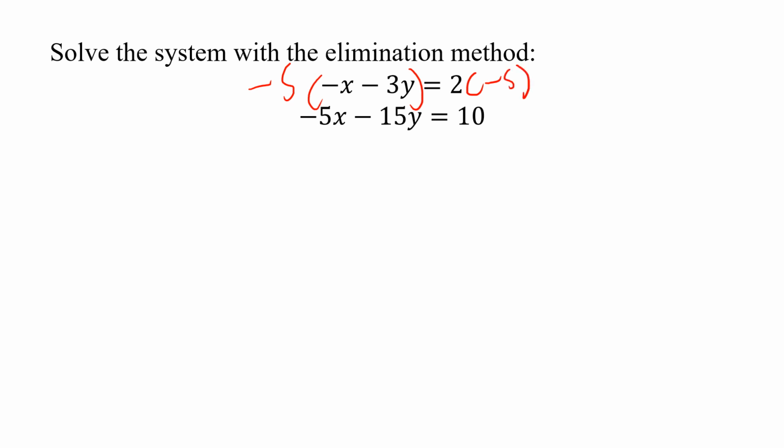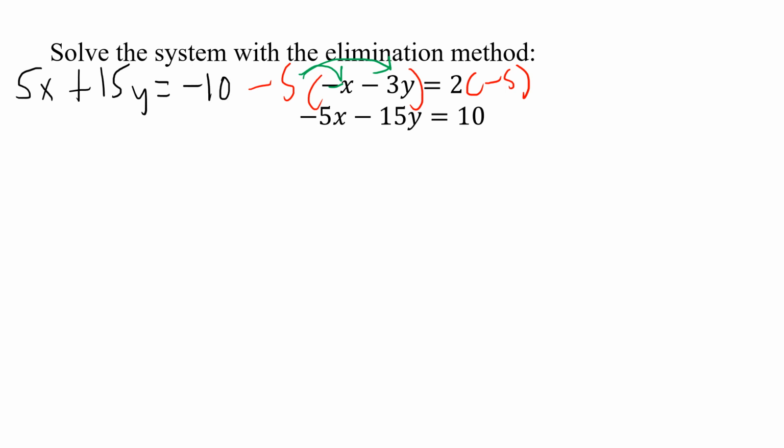All right, so now that we've done that, let's rewrite our equation after, of course, we distribute. So negative 5 times negative x, that's going to become a positive 5x. Negative 5 times the negative 3y, that's going to become a positive 15y. 2 times the negative 5, that's going to become a negative 10.